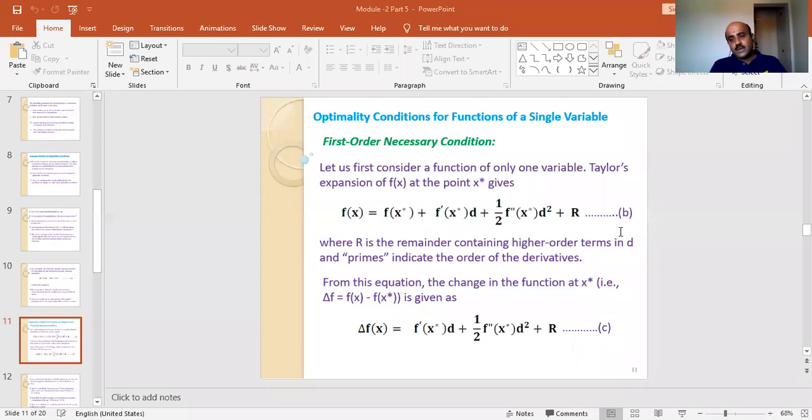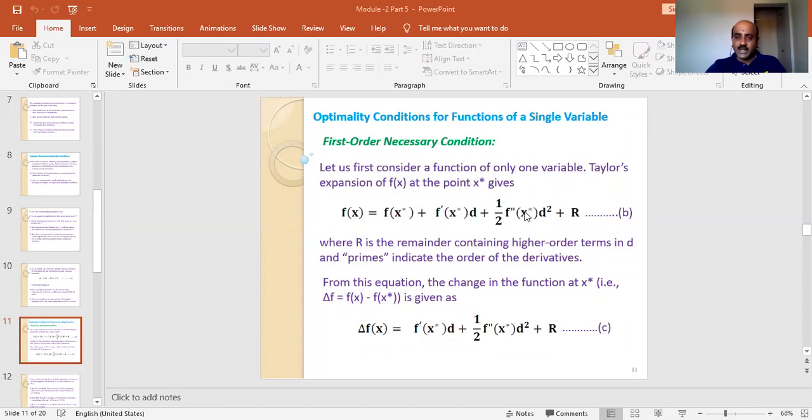Please go back to what we discussed for the Taylor's expansion and look at how we have written it for a single variable. Here R is the remainder containing higher order terms in d, and primes indicate the order of the derivative. Single prime means first derivative, double prime means second derivative.